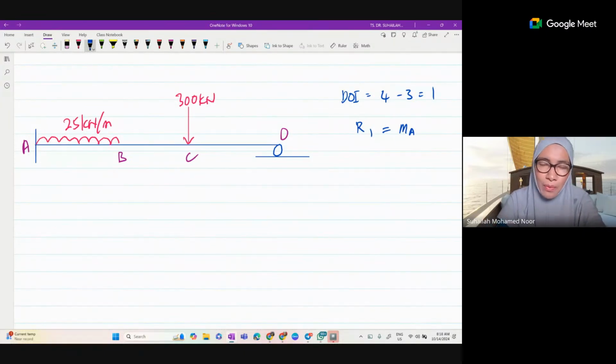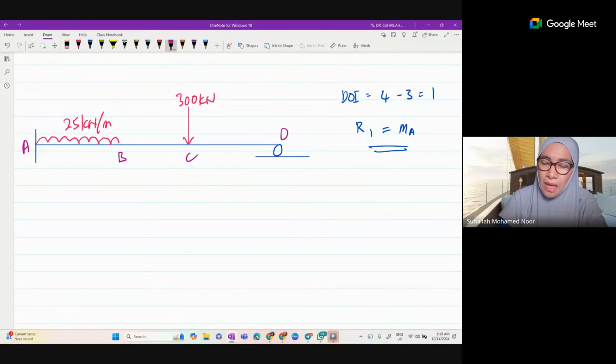So actually, when we understand the derivation of the compatibility equation, from this we can straight away write the compatibility equation, because it is just a standard form of equation.